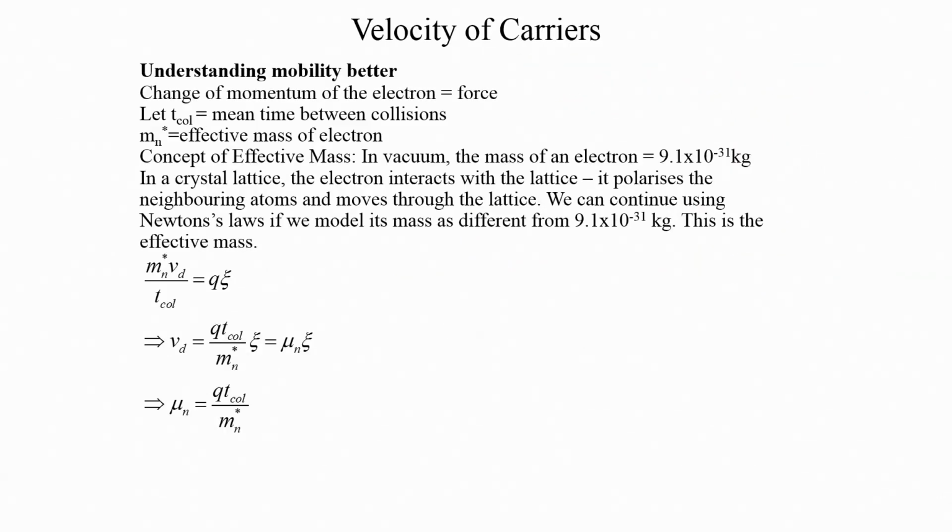So finally, we will take one more step to try and understand and model the concept of mobility a little better. The way we have defined mobility so far is that the electron responds to an applied electric field by drifting through the crystal and having a drift velocity Vd, which is equal to, say, some mu times the electric field.